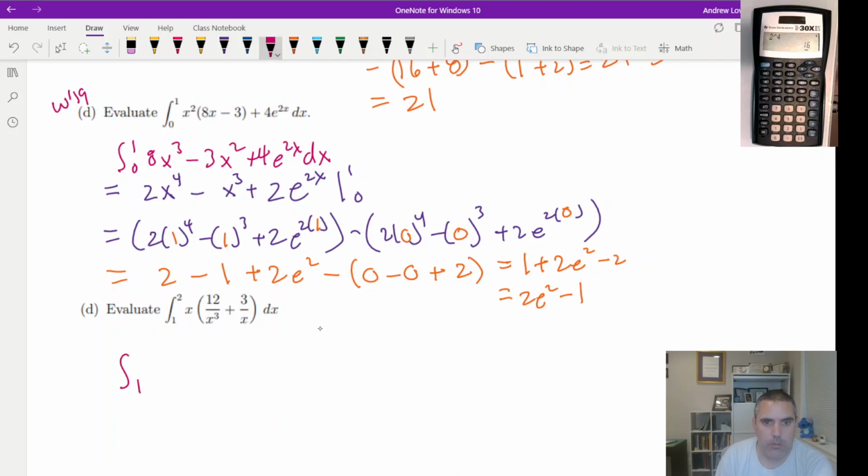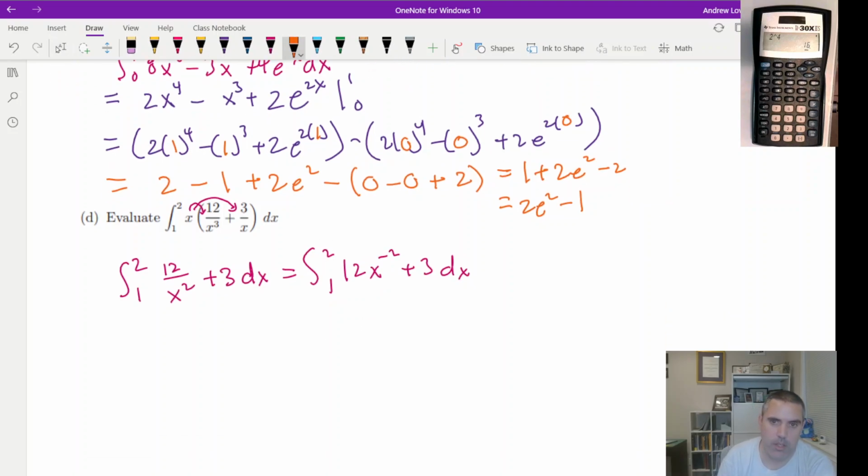So let's get the integral from 1 to 2. If you multiply this x, it's going to become a 12 over x squared. If you multiply this x here, it's going to become a 3. Now, calculus students would write this like this, 12x to the negative 2 plus 3, and then they would integrate. So let's play that game and then evaluate.